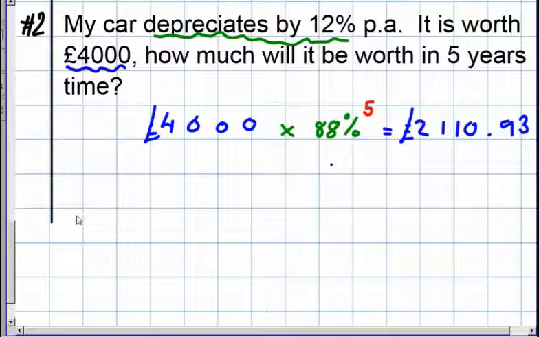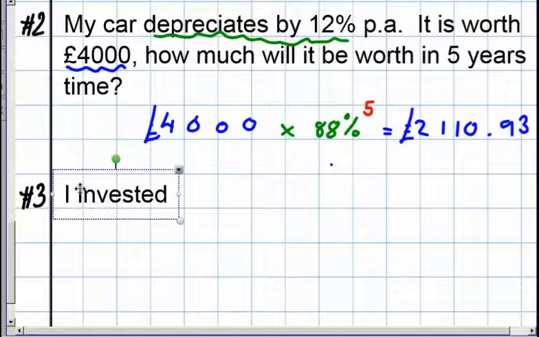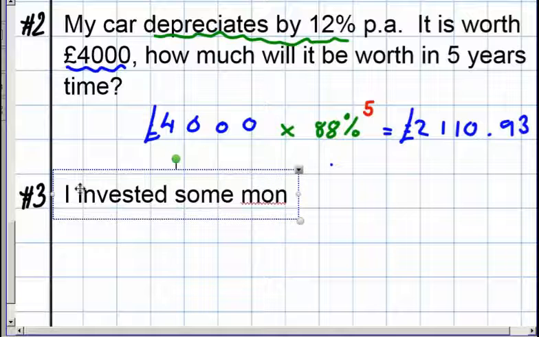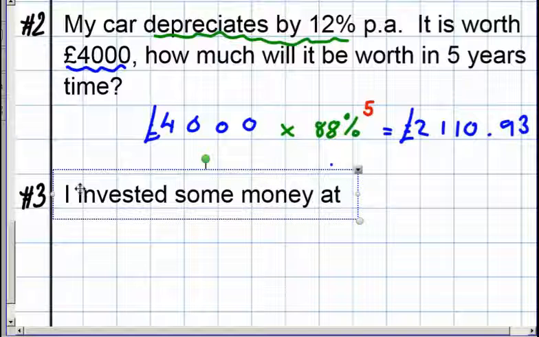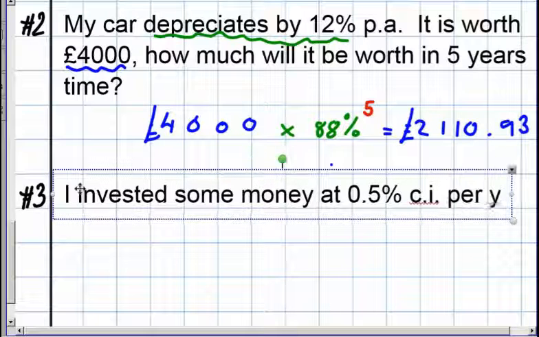Right now, let's look at a trickier question. Example 3. I invested some money at 0.5%. I'm going to use CI for compound interest, per year.